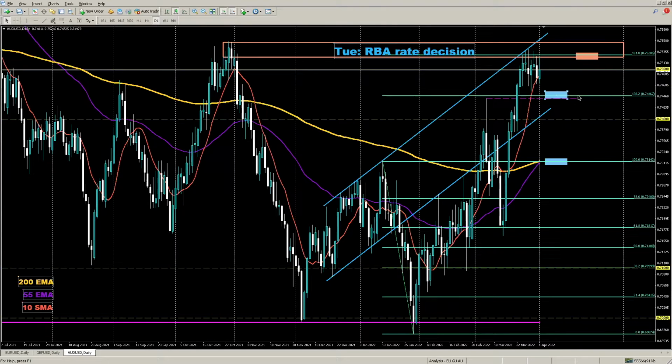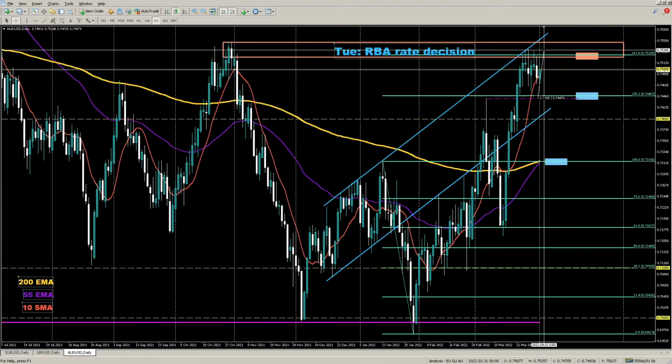It has not reached this support zone at the 138 fib, but it is boxed in as well in a fairly tight range. Likely waiting for this coming Tuesday's rate decision from the RBA, but unlikely to budge at the moment.